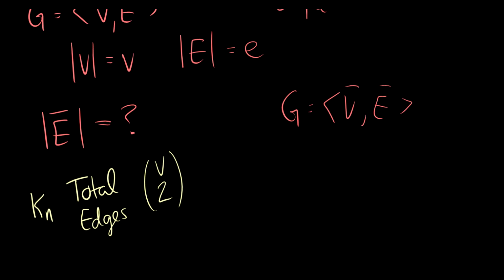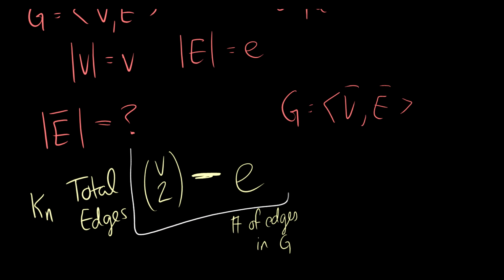So you take all the different vertices and you say, okay, for each 2 I choose, I'm going to put an edge between them. And then we're going to subtract the number of edges in G. So this is the number of edges in G. So this is how many edges there are in the complement of G.